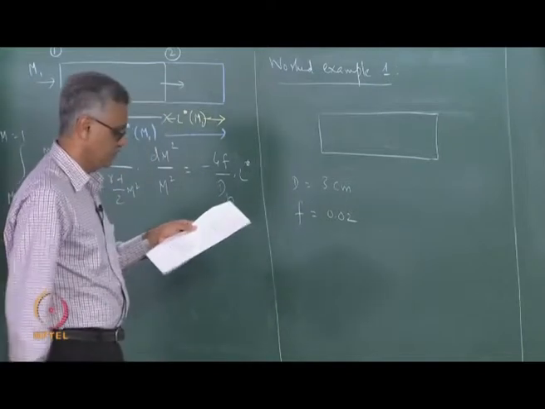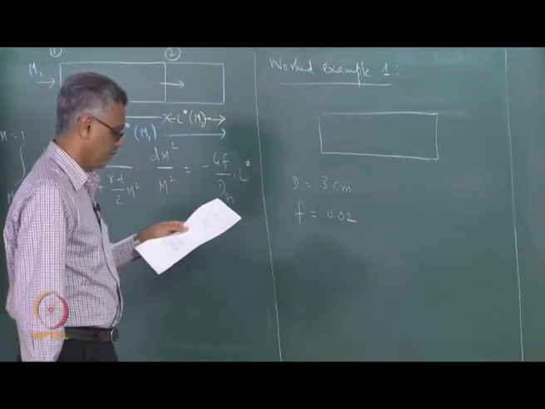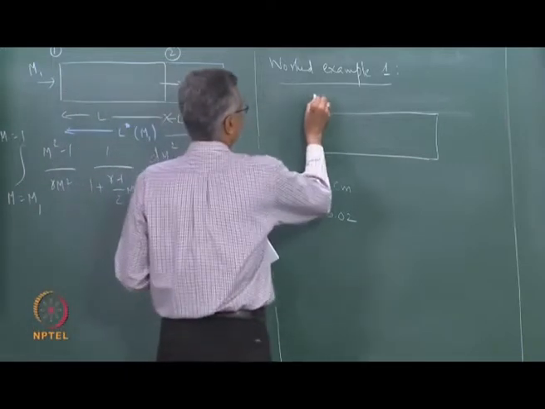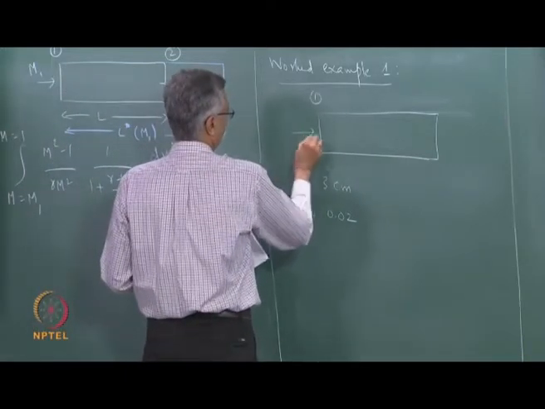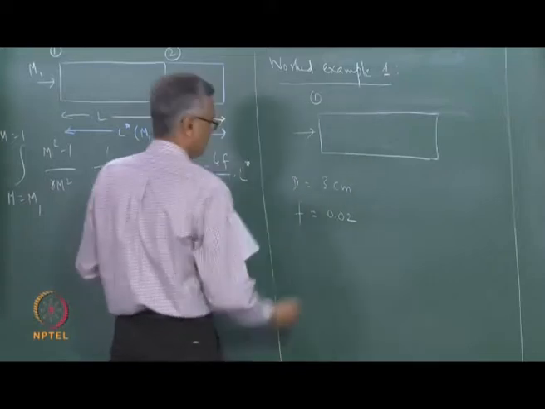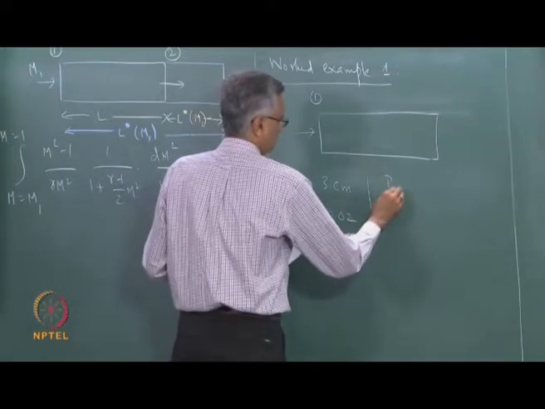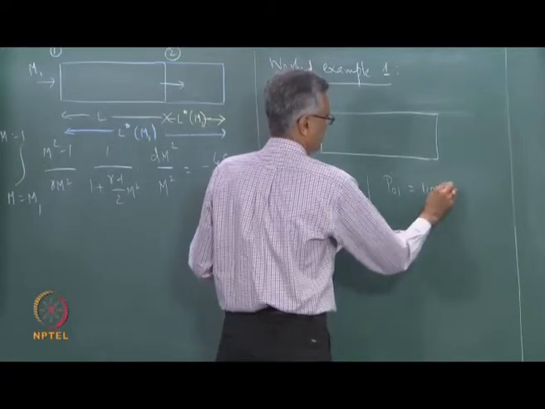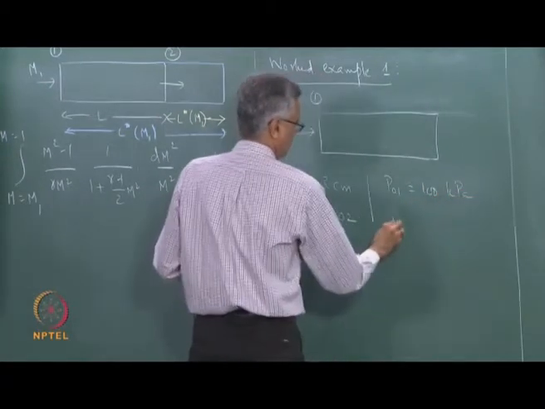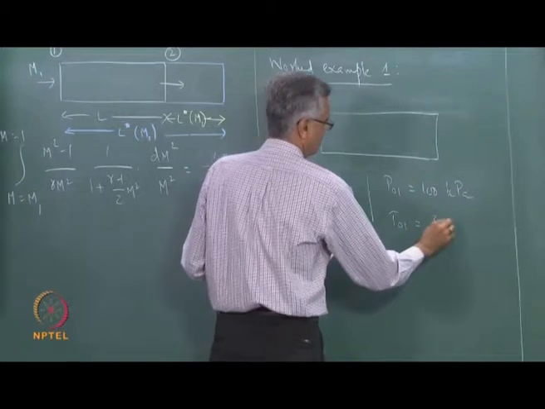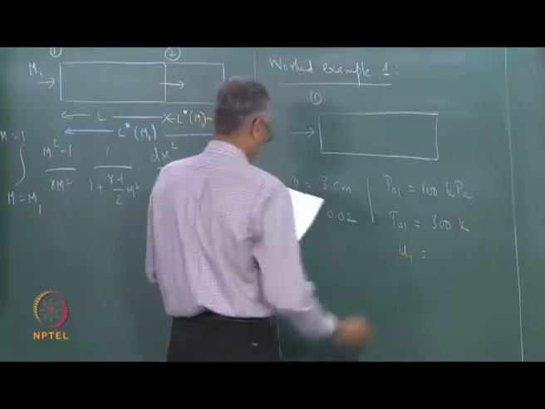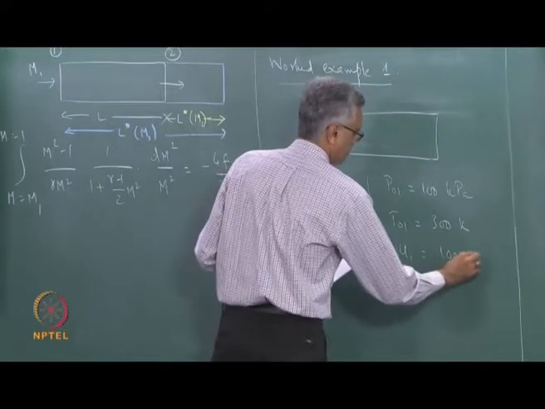Remember, this is Darcy friction factor, and at entry to the duct, so this is state 1, we have been given P01 is equal to 100 kilopascal, T01 is equal to 300 Kelvin, and U1 is given to be 100 meter per second.